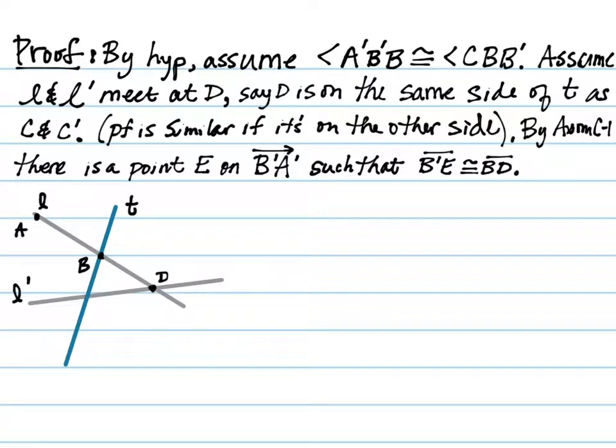I don't think I even need to care whether C is before it or after it, but there's the C. And then I have A prime, B prime, and here's C prime. And which two angles did I say are congruent? A, B, B prime. So this, actually, we'll just mark them the other way. This angle and this angle are congruent. Everybody good so far? All right, and I had a point E that I just said was existing.